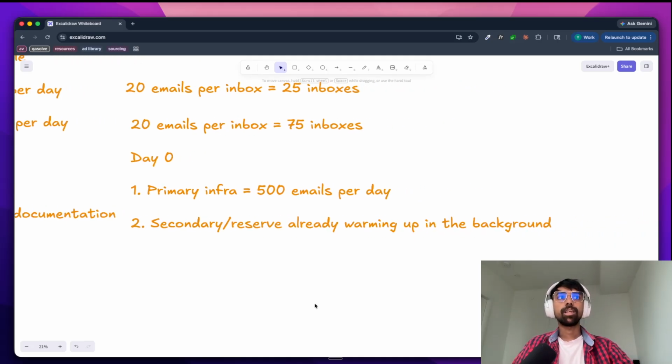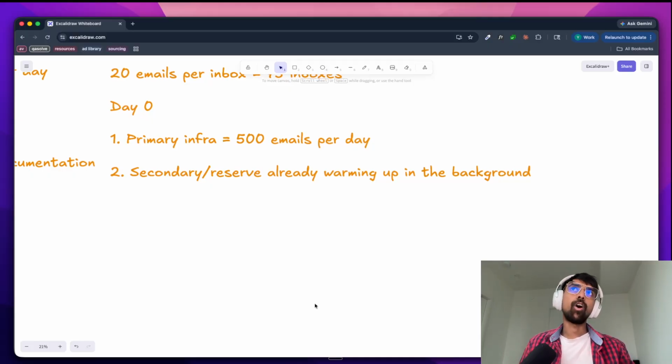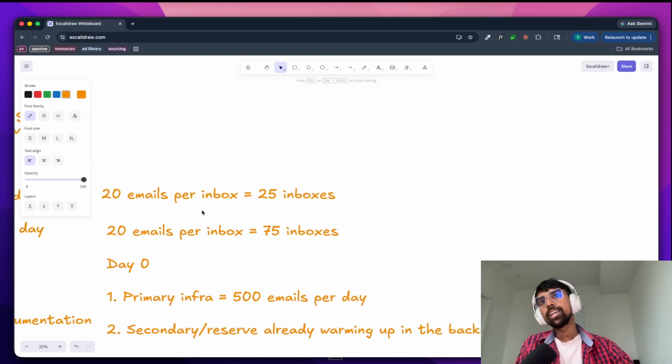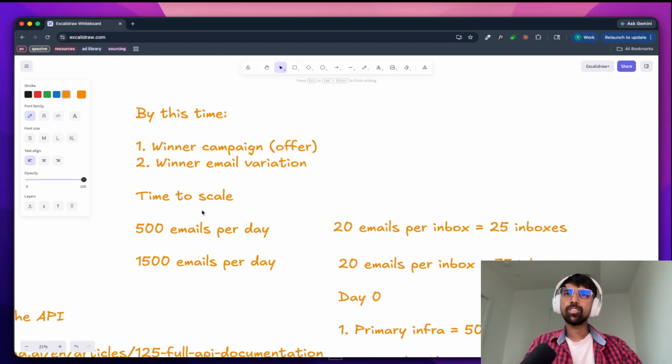You want this because once you have an offer that's working and an email variation that's working or a campaign that you want to scale, you do not want to wait another 2 weeks or 3 weeks for a new set of infrastructure to warm up in order for you to scale, because you'll be literally wasting money, wasting time in that 2 to 3 week time frame. So you want this reserve infrastructure to be ready in the background as well. So the moment you get a good offer that's working, you will be able to scale, right? Just put more volume immediately. So that's all I wanted to say about the infrastructure.